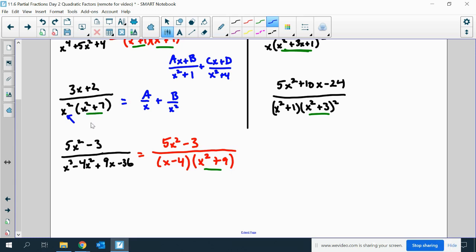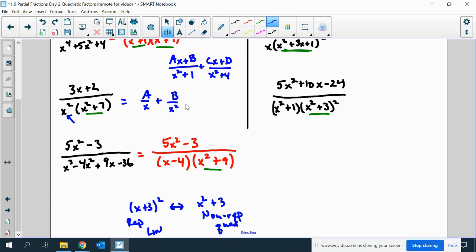We have to understand the difference between something that looks like (x - 3) squared and something that looks like x squared + 3, where the first is repeated linear and the second is non-repeated quadratic, because I can't factor x squared + 3 anymore, but (x - 3) squared or (x + 3) squared is factored into linear terms as much as it possibly could be.